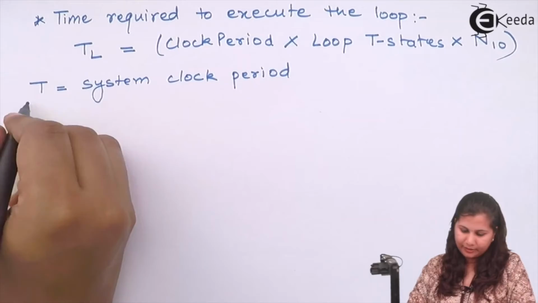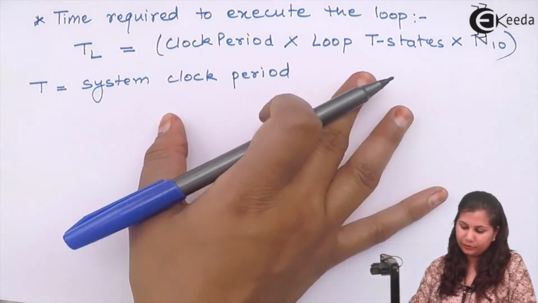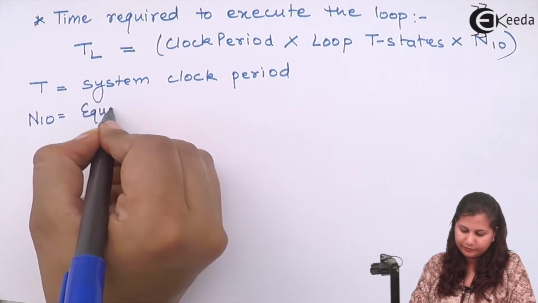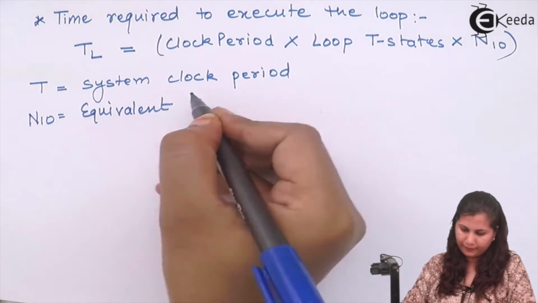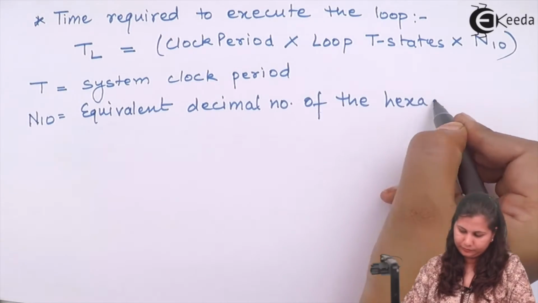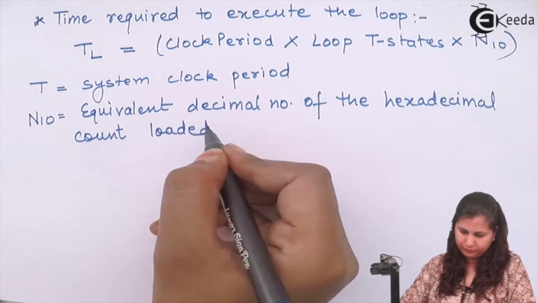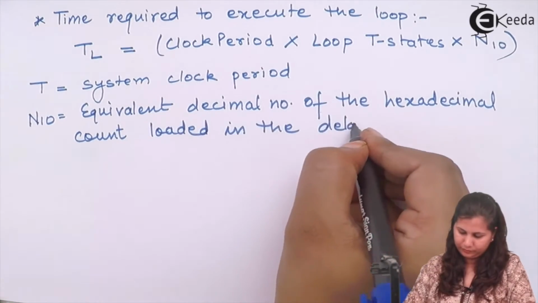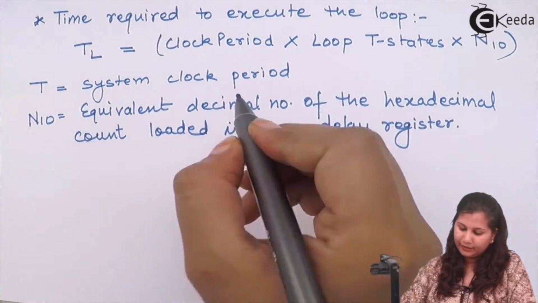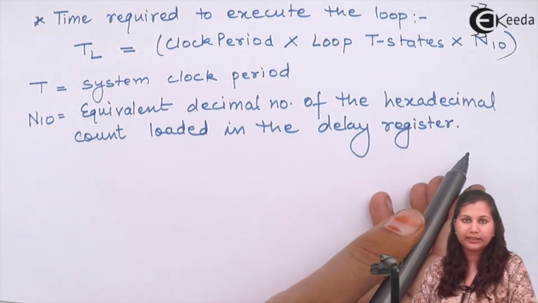Loop T states are the total T states there are in the loop, and N10 is the equivalent decimal number of the hexadecimal count which is loaded in the delay register.